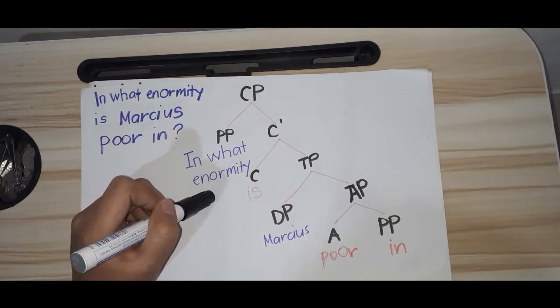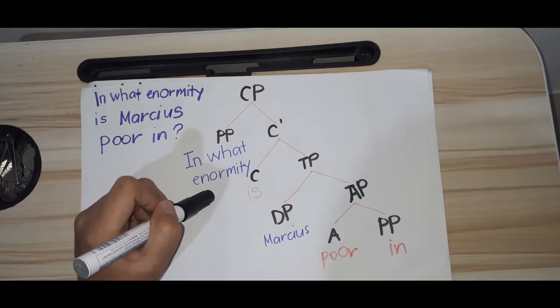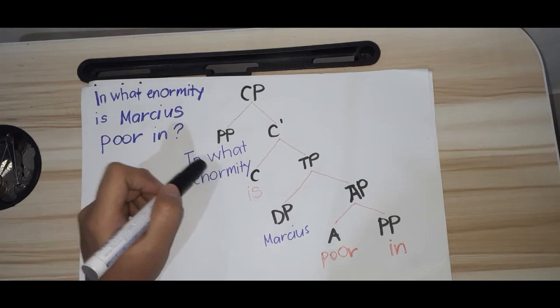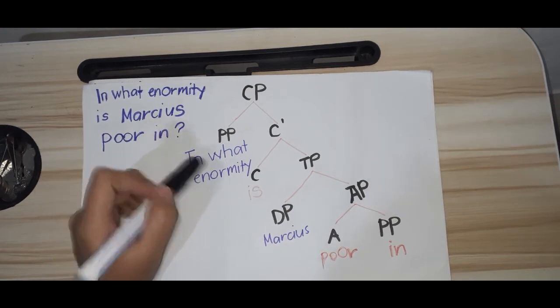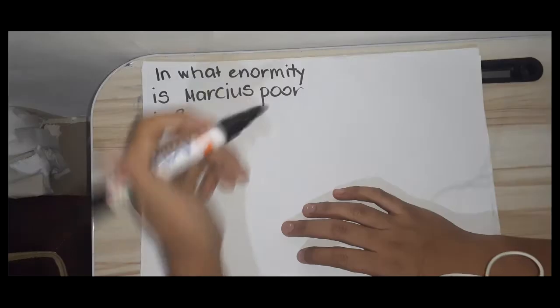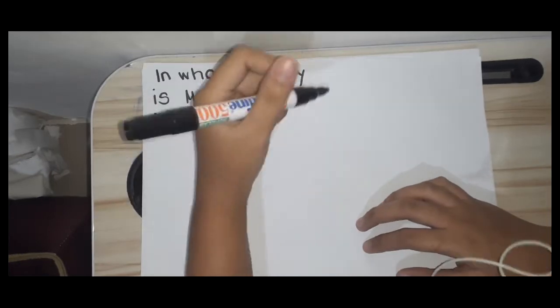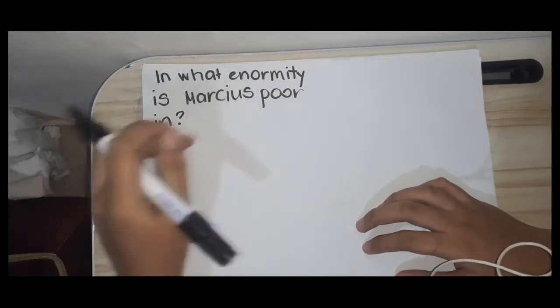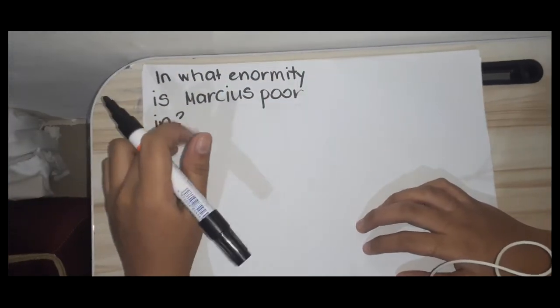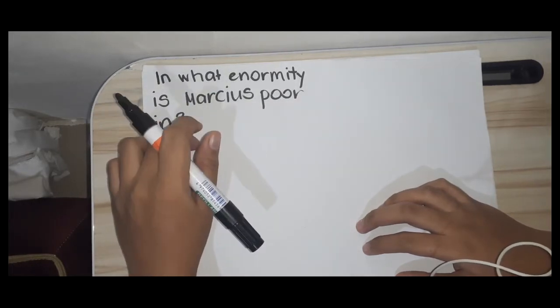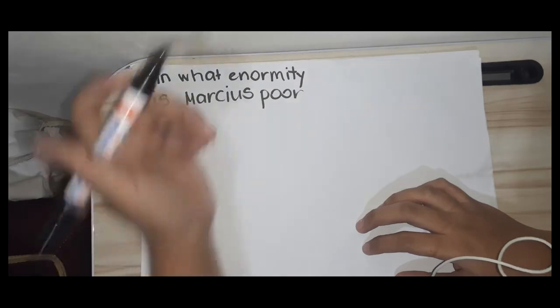This in turn is merged with the preposition in to form the prepositional phrase PP, in what enormity. By merging this with a strong C, into which it is moved, it forms the C bar headed by a null determiner Marcius.